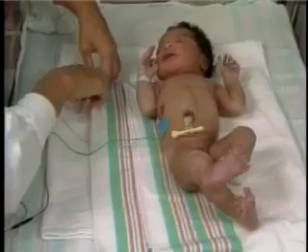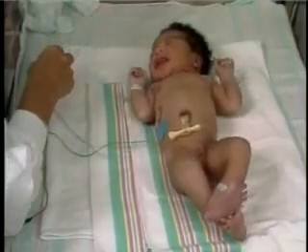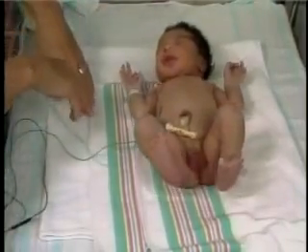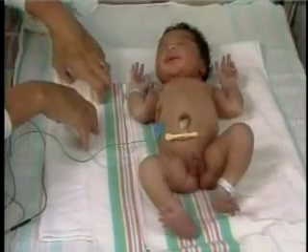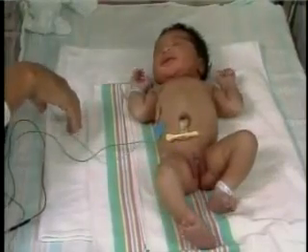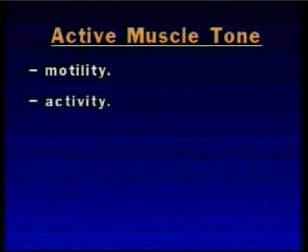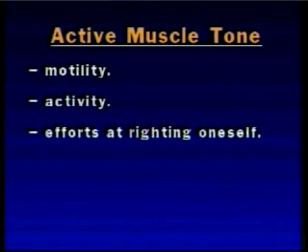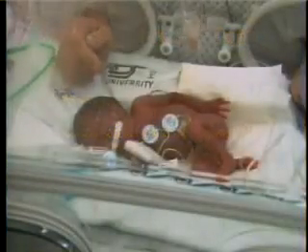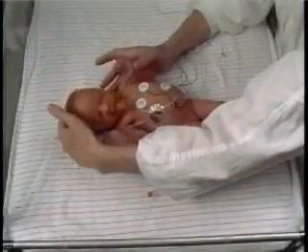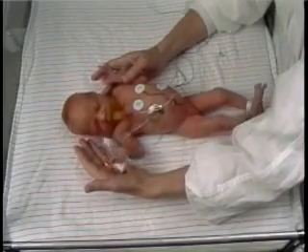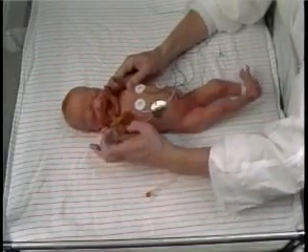If all newborn infants were normal and healthy, both active and passive tone could be used routinely to assess neuromuscular maturation. Active muscle tone, which includes motility, activity, and efforts at righting oneself, is markedly affected by the states of illness, recent maternal medications, acute perinatal compromise, and level of alertness.